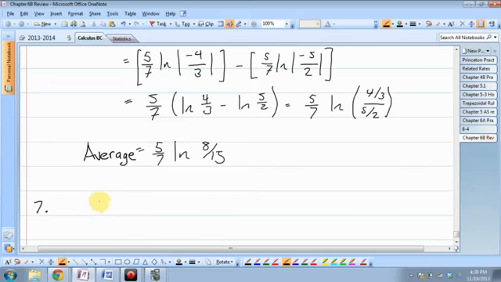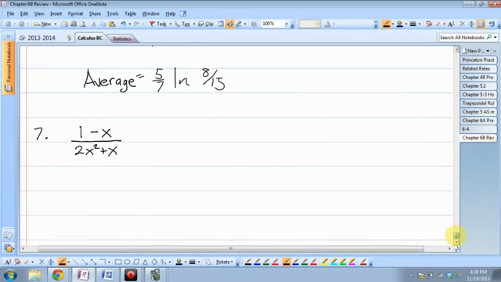Partial fraction decomposition. 1 minus x over 2x squared plus x. Okay, this is nice. The degree of the denominator is smaller, so I don't have to do any synthetic division. I probably should factor. So 1 minus x, that's going to be x times 2x plus 1.